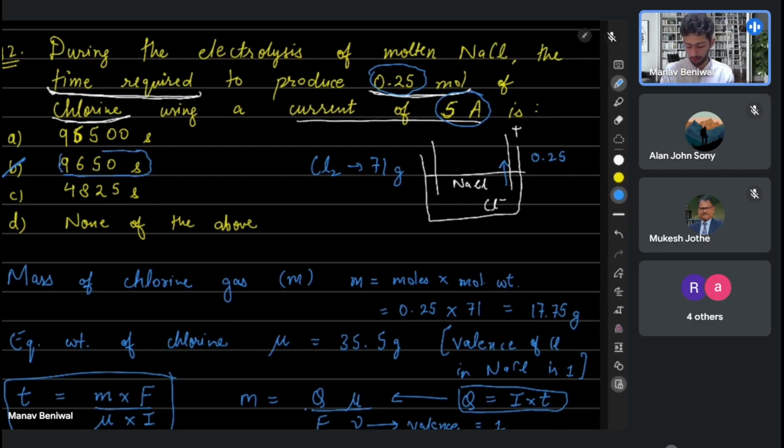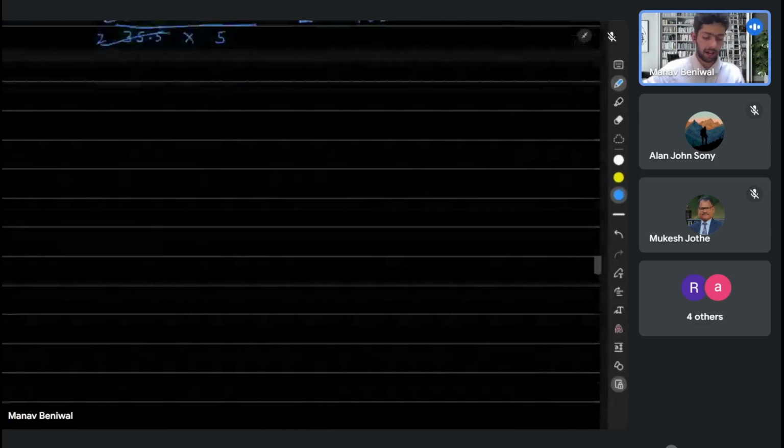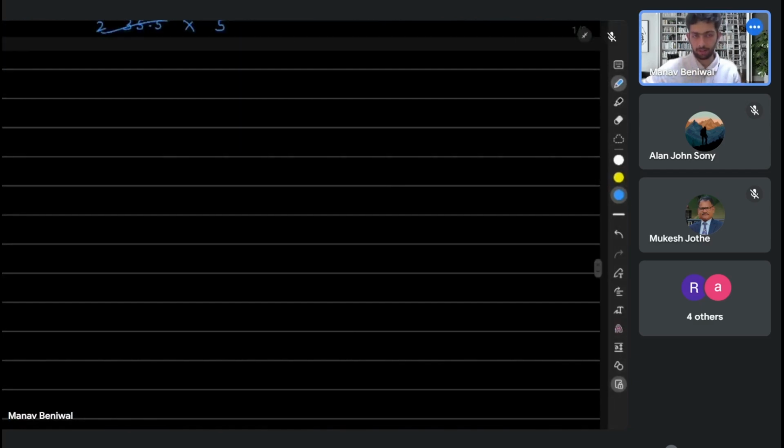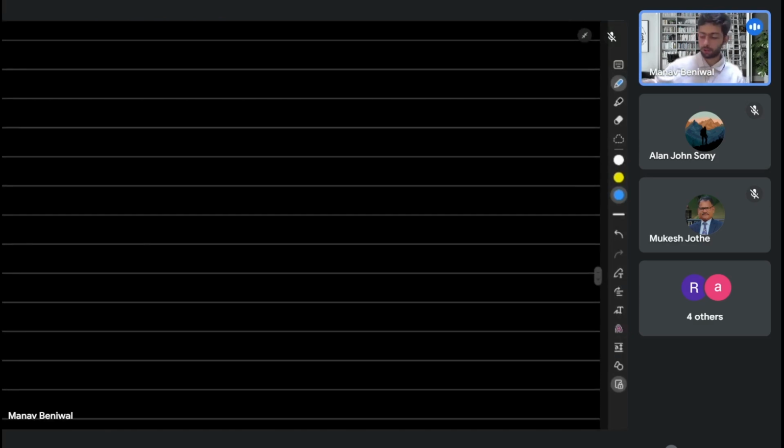If you convert this to hours, this is roughly 2.7 hours. So just producing 0.25 moles of chlorine in an electrolysis will take around 3 hours. This gives an idea of how long it takes to get this much chlorine, or any other element for that matter. Any doubts in this question?